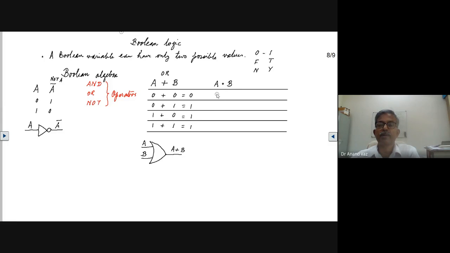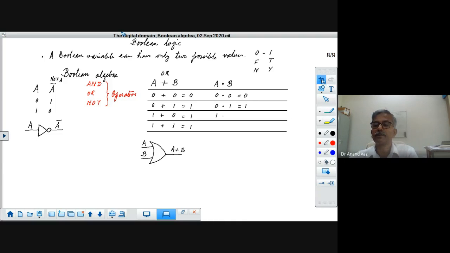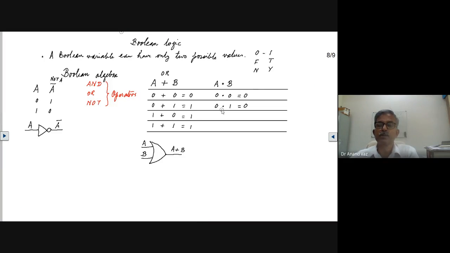So here we may again have these possible values. 0 and 0, the result will be 0. 0 and 1, the result is 1, sorry, this will also be 0, because when it is 0 and 1, it is 0. 1 and 0 is also 0, and 1 and 1 is equal to 1.